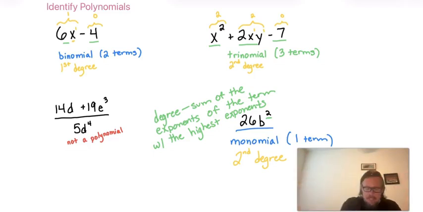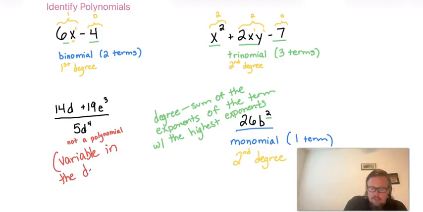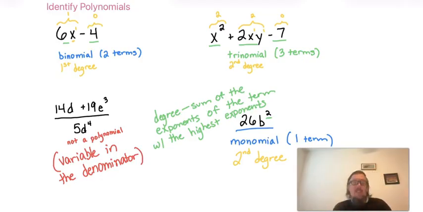And that's what makes it not a polynomial, because we have a variable in the denominator. If you divide by a variable, that prevents it from being a polynomial. So this is the only one that isn't. If it was a polynomial, it would be degree 4, because we've got d to the fourth in the bottom, but we don't name the degree of this one because it's not a polynomial.